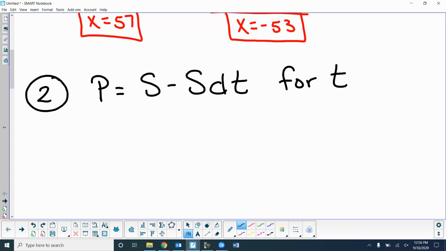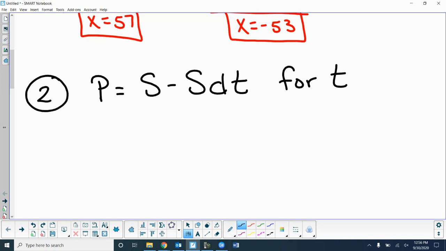So we're solving for t. There was a little t afterwards. Whatever letter was after it, that was the one you're supposed to get by itself. Okay, so that means since the t is on the right, I want to get all this stuff over to the left side. So since this is s minus s times d times t, I got to move this first s over.